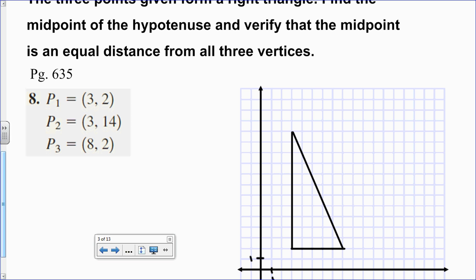All right, so point 1 is right here. Point 2 is right here. And point 3 is right here.